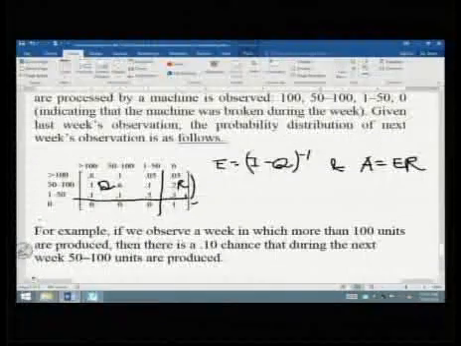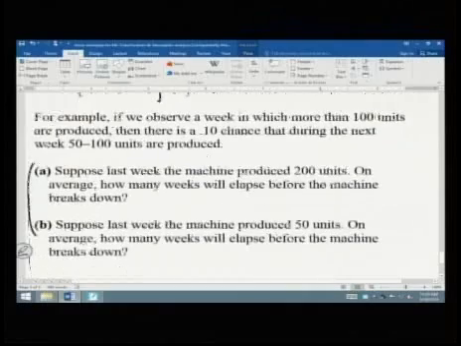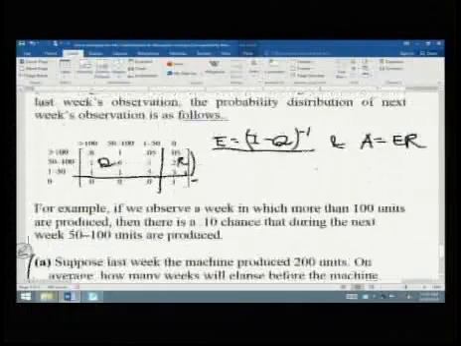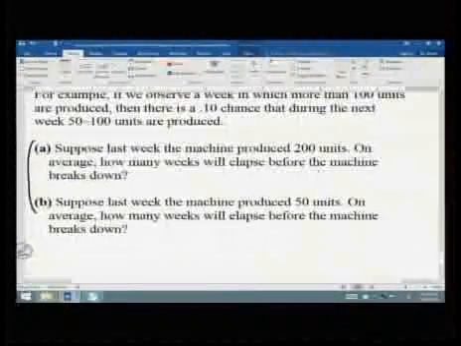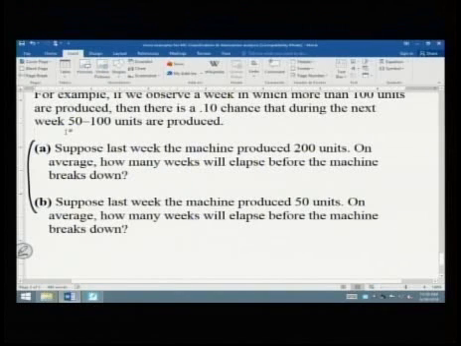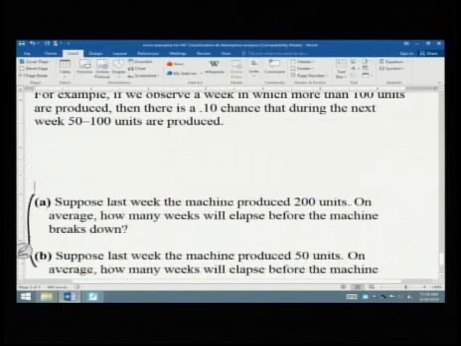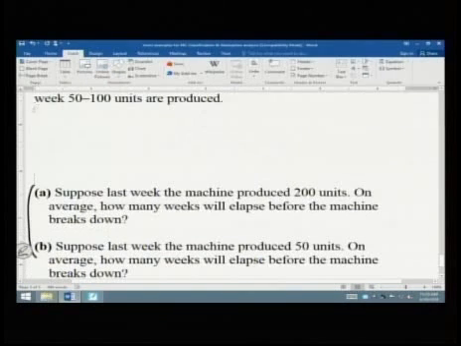So you just need to compute E matrix in this case. So please let me know if you have E matrix.